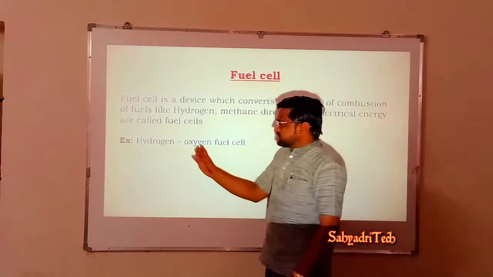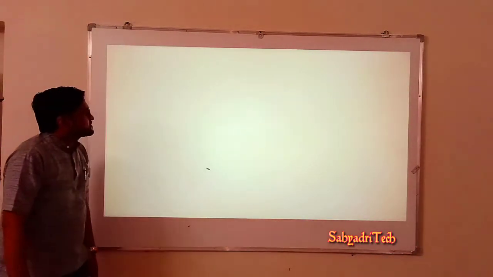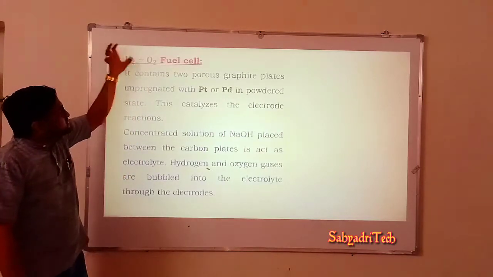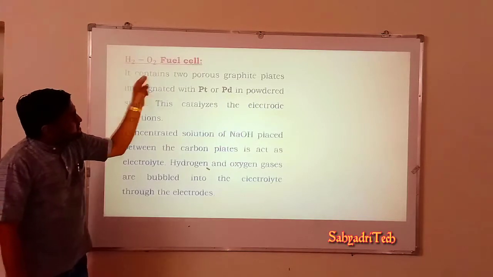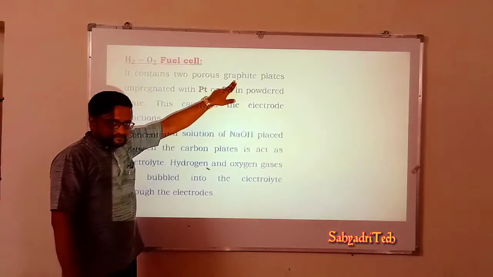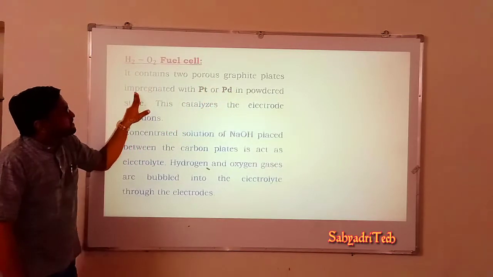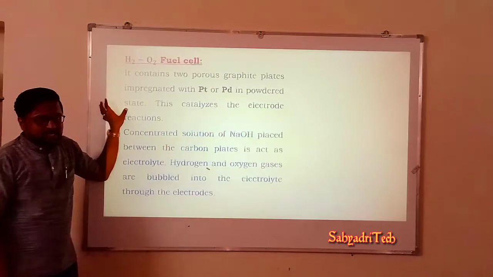As per the syllabus we have to study the construction of the hydrogen oxygen fuel cell. It has two porous graphite plates which are impregnated with platinum or palladium in a powdered state.